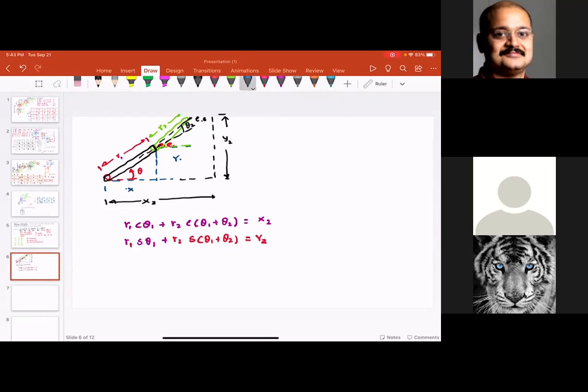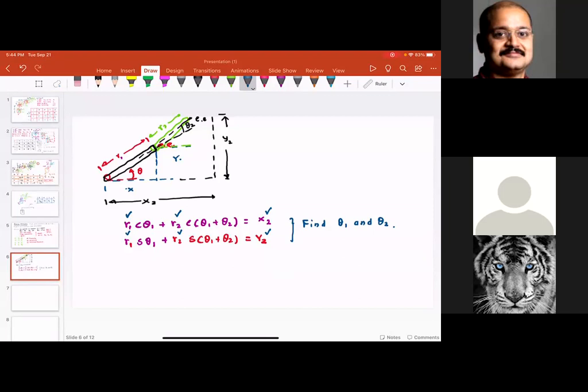Now the inverse kinematics problem is, we know x2, we know y2. x2 and y2 are given, R1 is known, R2 is known. Find theta 1 and theta 2.